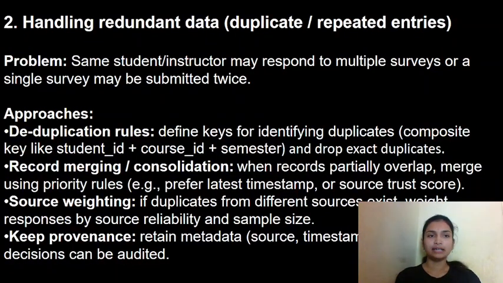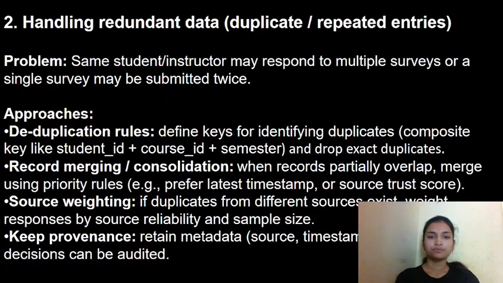Handling redundant data. The problem is that the same student may respond to multiple surveys or a single survey may be submitted twice. Approaches: deduplication rules. Define keys for identifying duplicates, composite keys like student ID plus course ID plus semester, and drop exact duplicates.